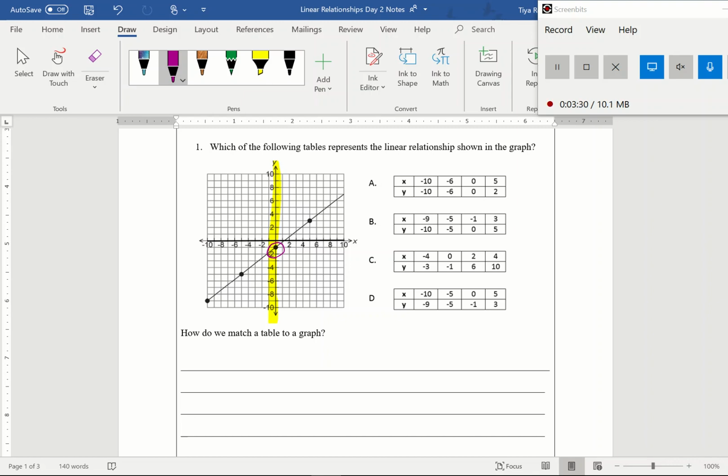If we were going to write an equation for this, b would be right here, -1.